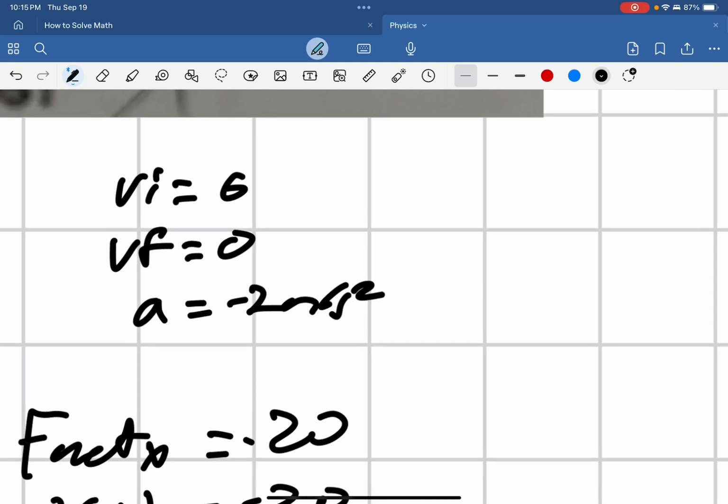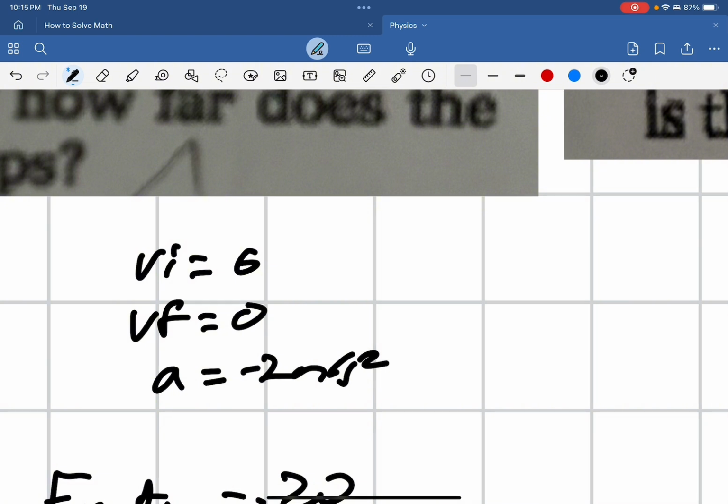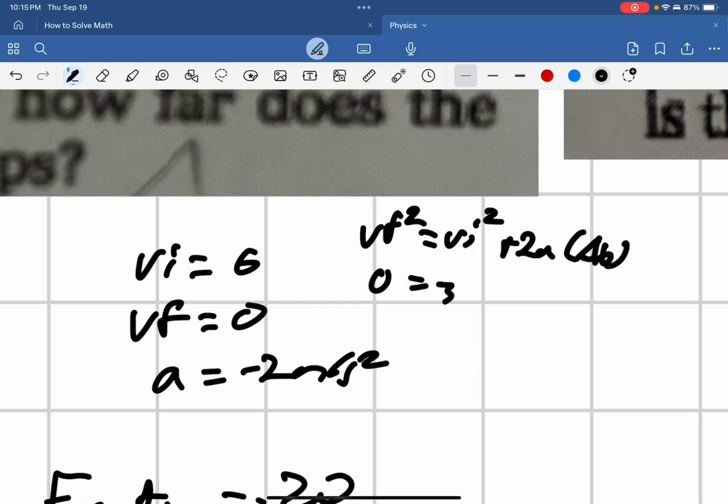And now we can plug this into an equation. Vf squared is equal to vi squared plus 2a times change in x. So 0 is going to equal 36 plus negative 4 change in x. Change in x, I forgot.